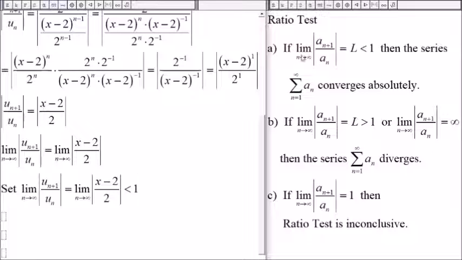Because remember that for the ratio test, a regular infinite series converges if the limit is less than 1. And here we're looking for all the x values for which the power series converges, and that's why we set it to be less than 1. Now here the limit is with respect to n, but there's no n here, and so we have just this.